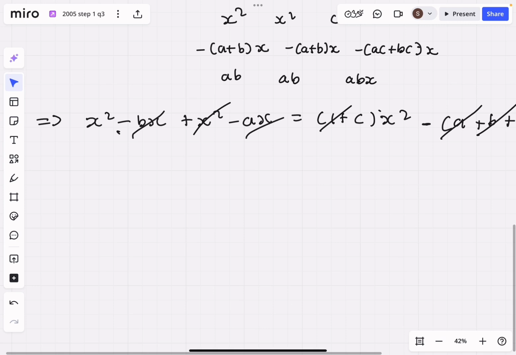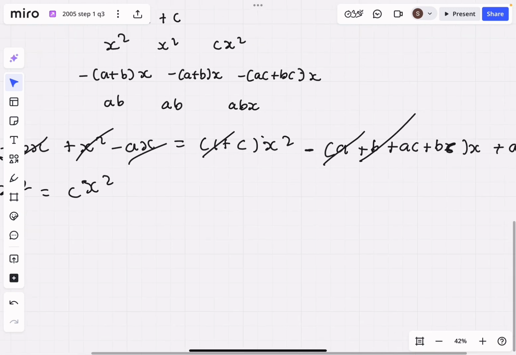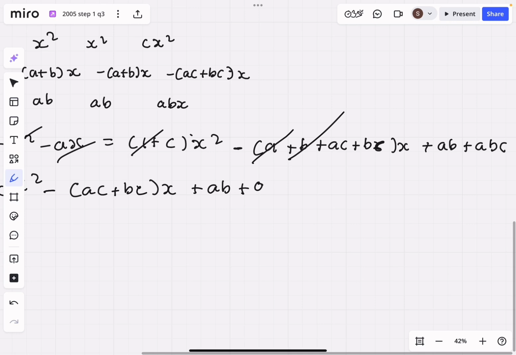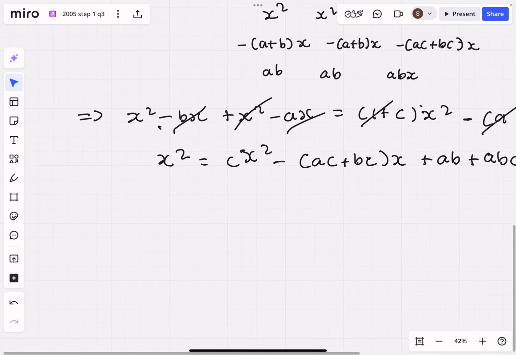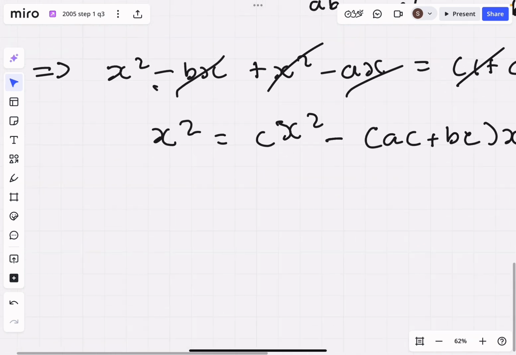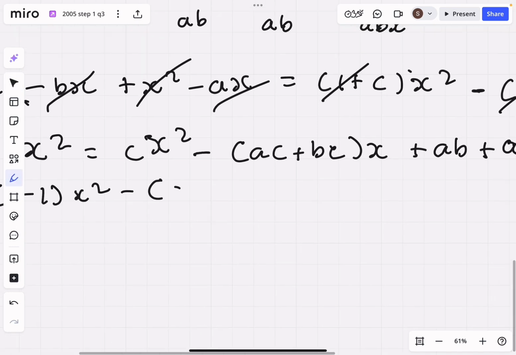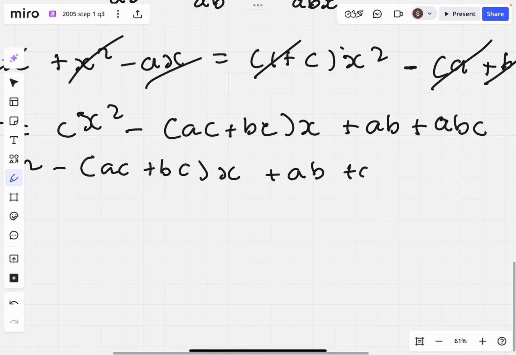So now we have x squared equals cx squared plus ab plus abc, and then let's take away x squared on both sides. So now we have (1 minus c)x squared minus (ac plus bc)x plus ab plus abc.